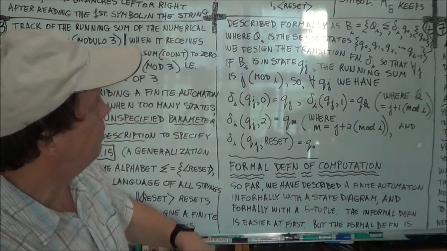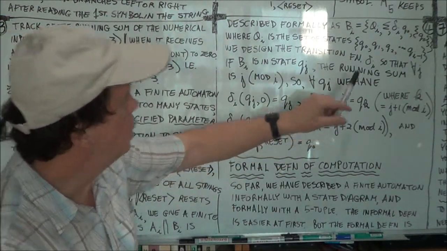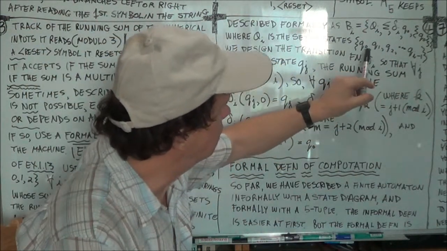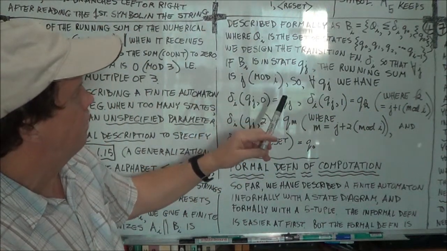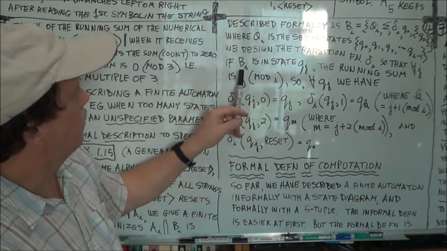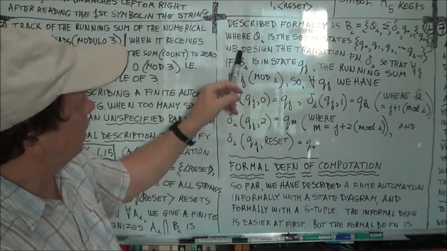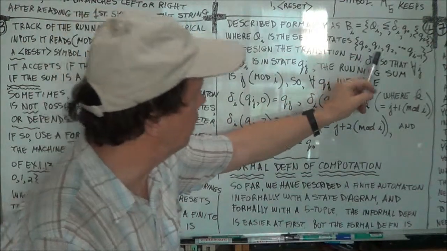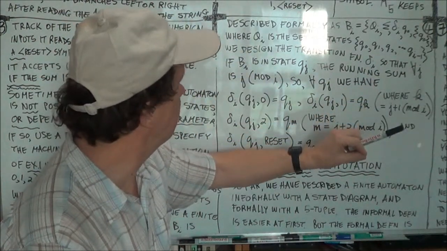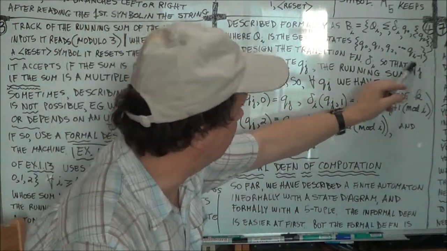So for each j in this list, ranging from 0, 1, 2, okay. So if your automaton BI is in the state Qj, then you've got to be one of these states. Right? But how many of them? I. You've got I of them.